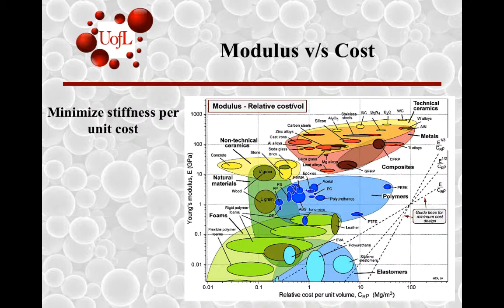In this particular case, if you take a closer look at the x-axis, it is called relative cost per unit volume.